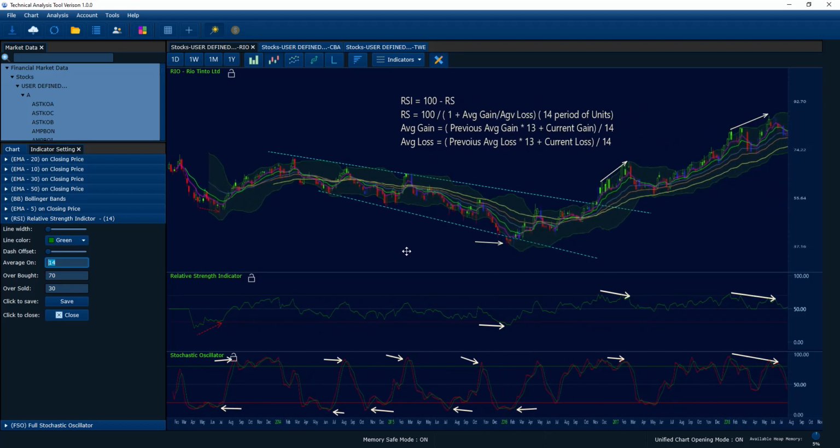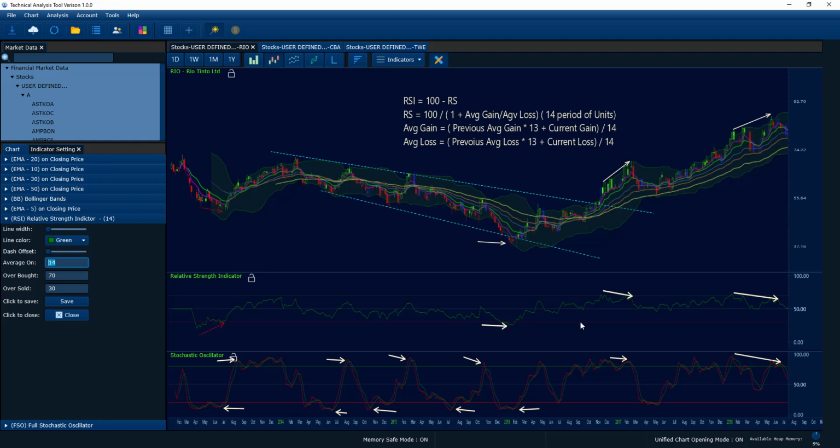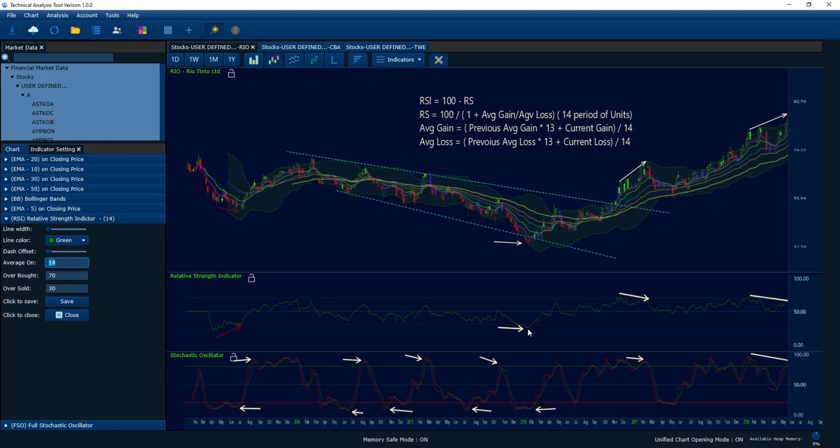All right, let's move on. As you can see here, the RSI finally shows oversold for the first time right here, but before that, many oversold signals already appeared in the stochastic oscillator.